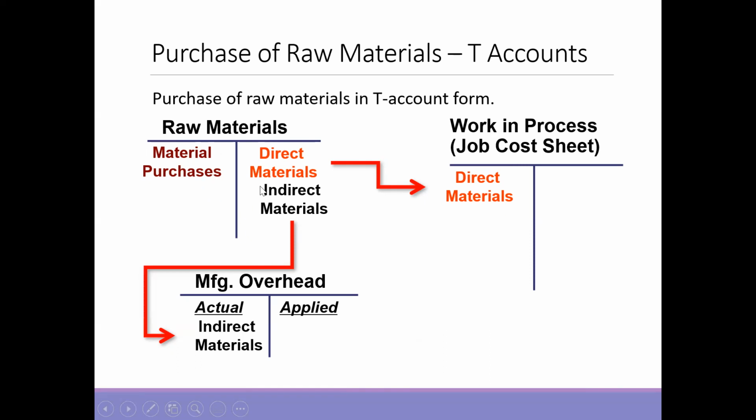Any small indirect materials leave the raw materials account, but they go into the manufacturing overhead. So with raw materials, they can either go into work in process or manufacturing overhead.